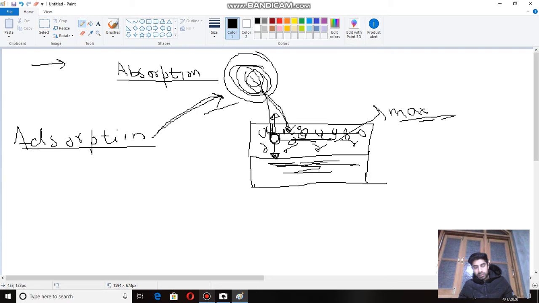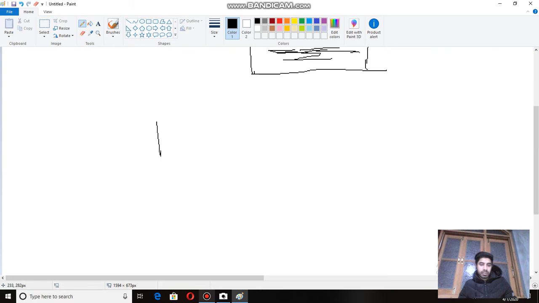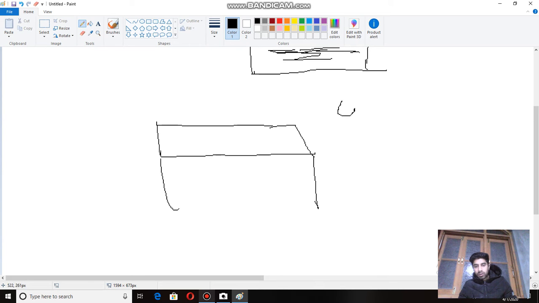That's why this foreign particle just remains here. Now in absorption, what happens? The driving force in absorption is the concentration gradient. CONC stands for concentration, and this is gradient.